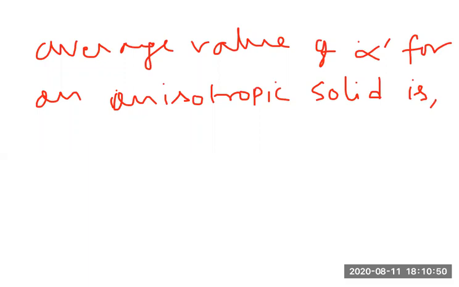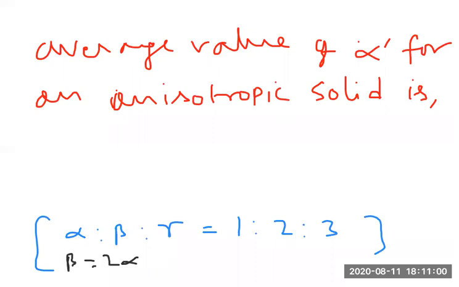I told you just now, alpha is to beta is to gamma equal to 1 is to 2 is to 3. From here we can write beta equal to 2 alpha and gamma equal to 3 alpha. This is the relation between alpha, beta and gamma.